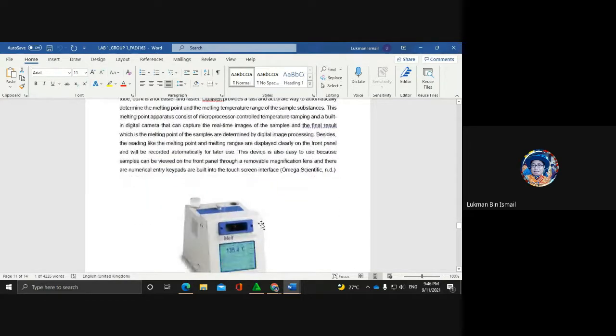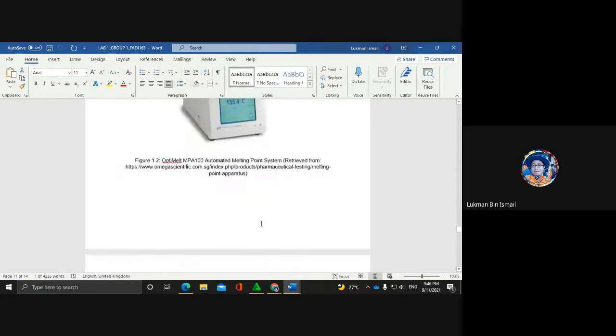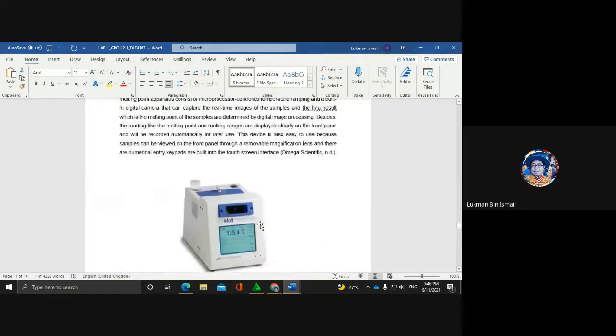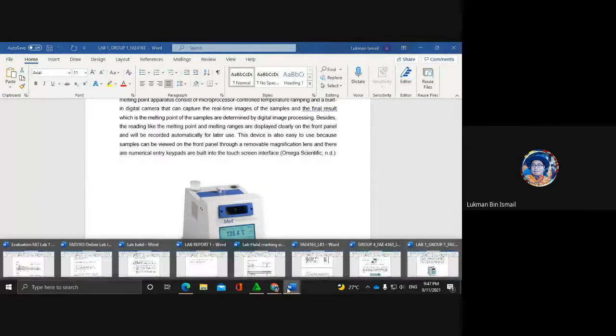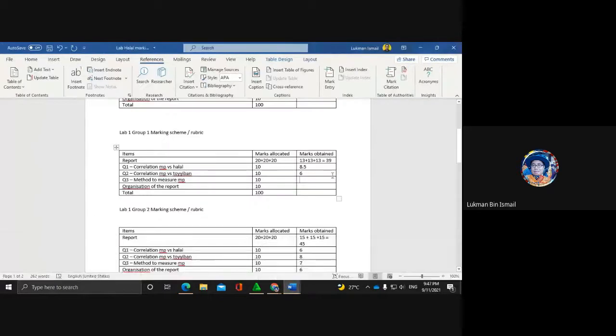It's not given. So the explanation is not that detailed on question number 3. Thus, the mark cannot be full. So 6.5 for this one.